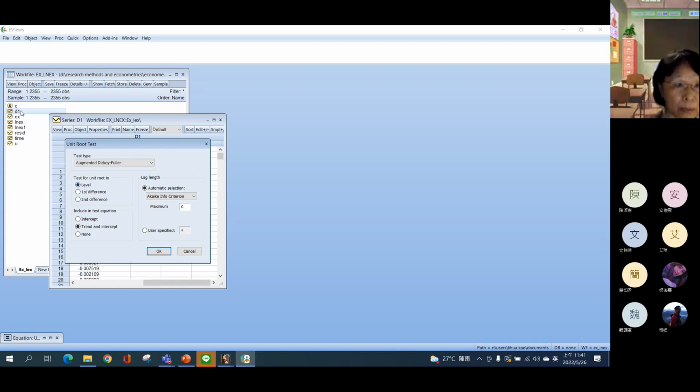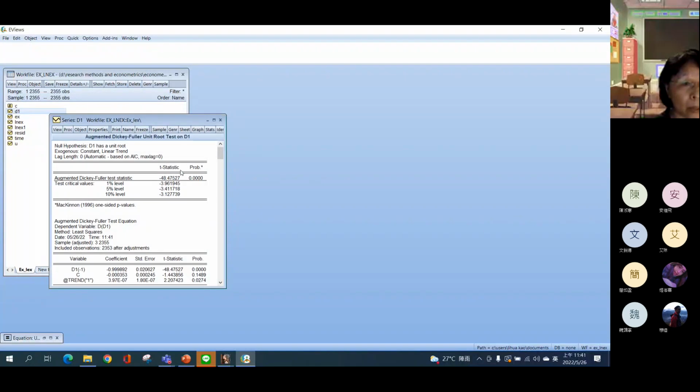This is not first difference. The definition of this is really the first difference, but according to these variables, this is also the level. If I choose the first difference, it means the difference of D1, which is not what I wanted. Do you understand what I'm saying here? Yes, I understand. Thank you.